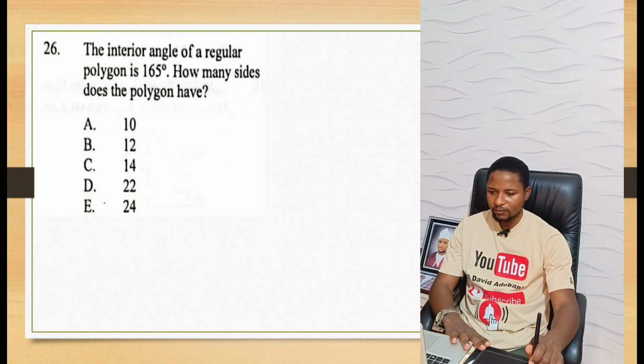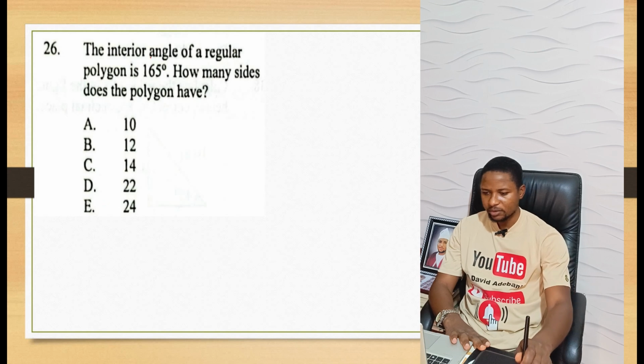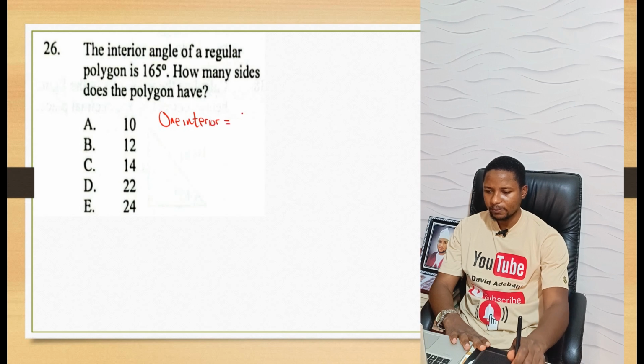The interior angle of a regular polygon is 165. How many sides does the polygon have? They gave you the interior angle, and when one interior angle is given, what you remember is (n minus 2) times 180 over n.